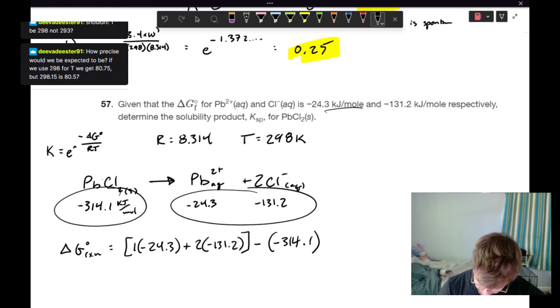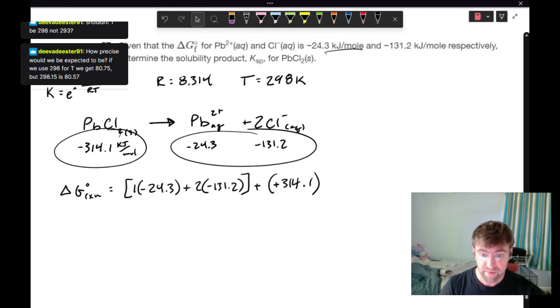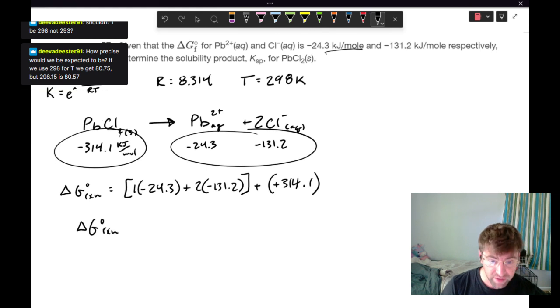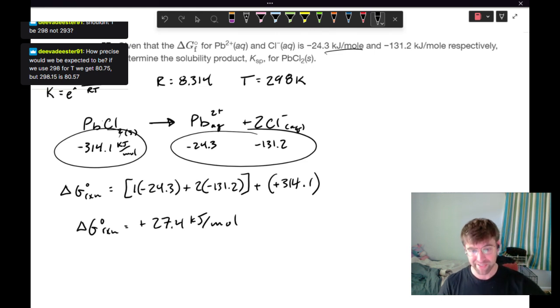All our units are the same, so we don't need to do any conversions here yet. It's plus a positive, and that's going to give us delta G, the change in Gibbs free energy for this reaction in standard conditions, which is positive 27.4 kilojoules per mole.